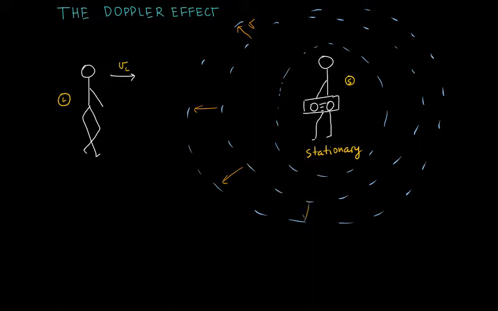So it's going in every direction. These are all V, the speed of sound. From crest to crest, we have the wavelength, lambda. And then the speed of the source is 0, so I'm going to label it as V_S equals 0.